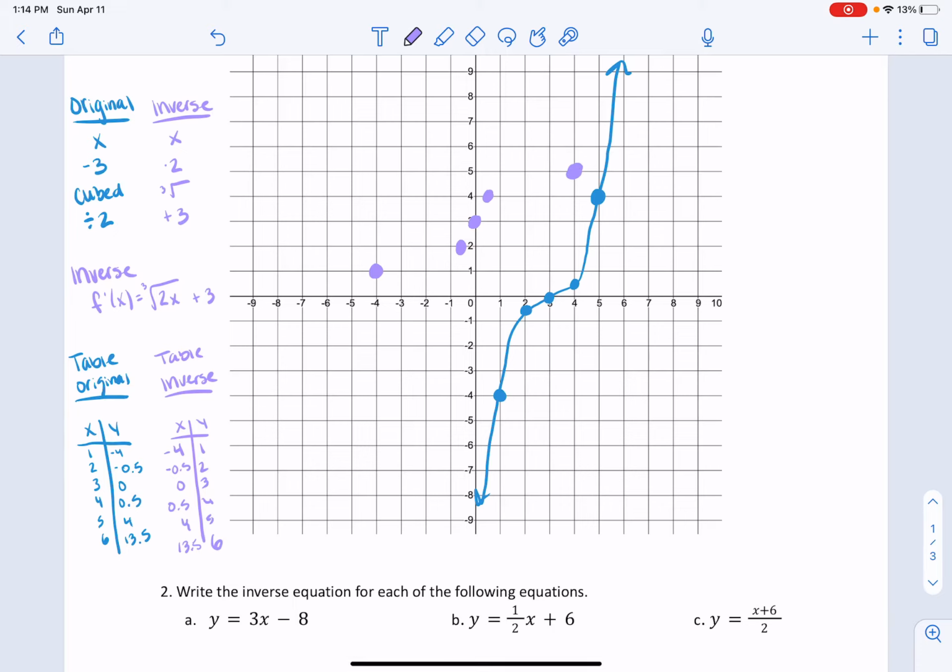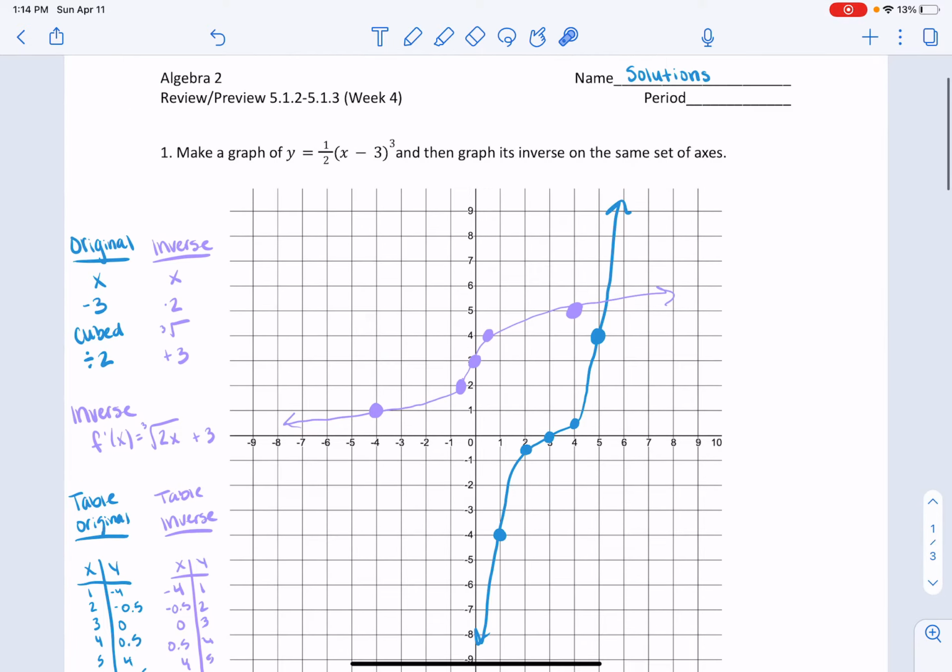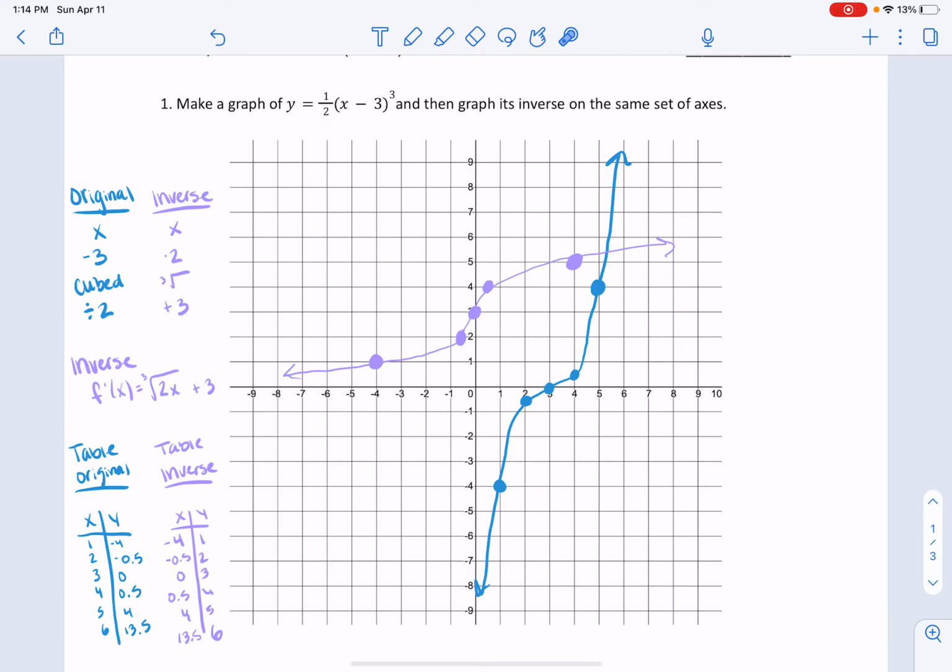That's really the only points I can fit on this graph, so I'll make a sketch. And there we go. Let's make sure we followed all the directions. We made a graph, and we graphed the inverse on the same set. So that's all we've got to do for this question.